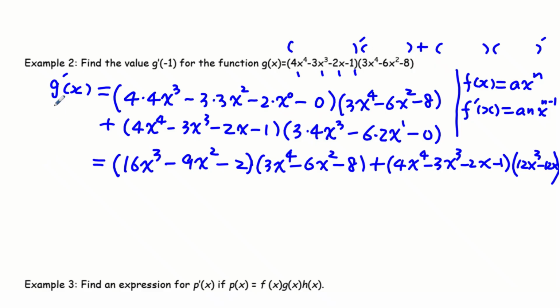Okay, so this is g prime at x. Now we want to find g prime at x equals -1. We substitute x equals -1 into g prime x.